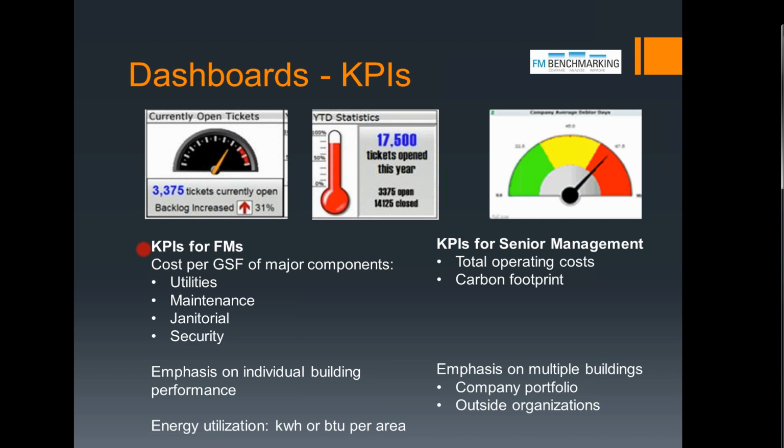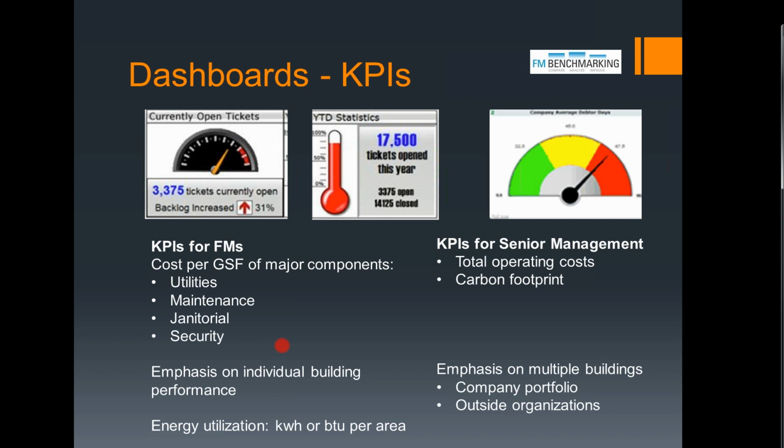One of the important points I'd make is what's important for FMs and what's important for senior management are really totally different. You have to break the information down, so you've got a cost per some unit measure, per gross square foot, gross square meter, cost per occupant of the utilities, maintenance, janitorial, security, waste management, grounds, landscaping, parking, paving, all the components that go into there.